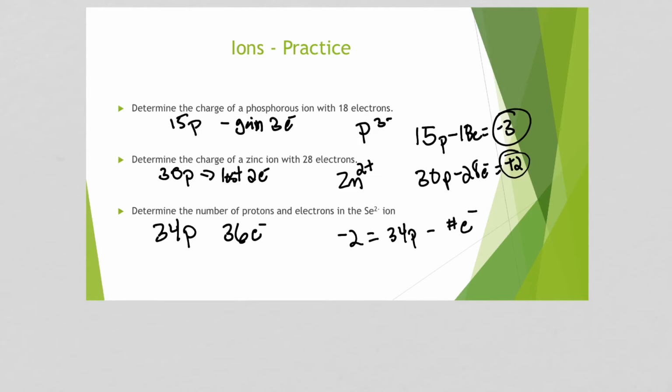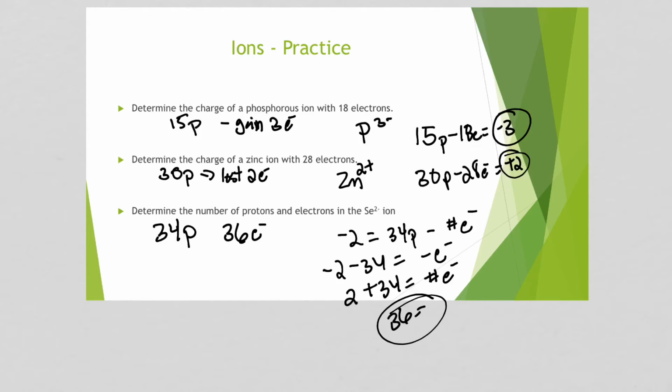If I want to solve for the number of electrons, I can say 2 plus 34 equals the number of electrons, or 36.